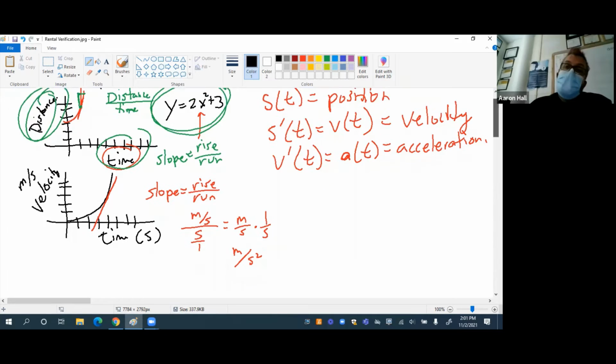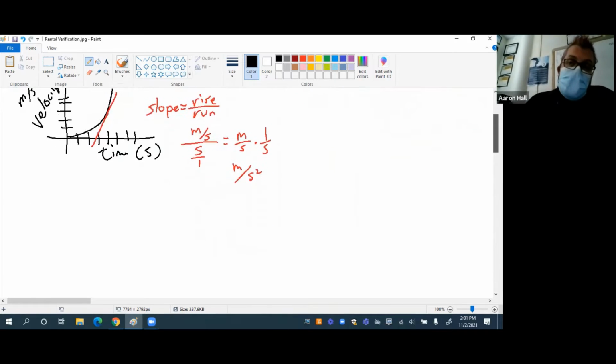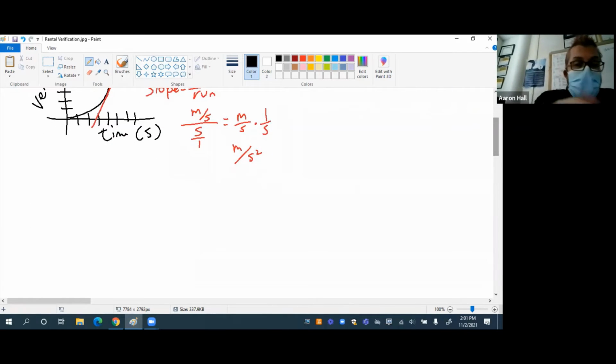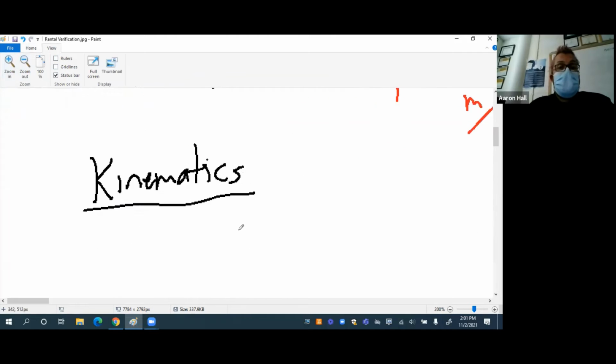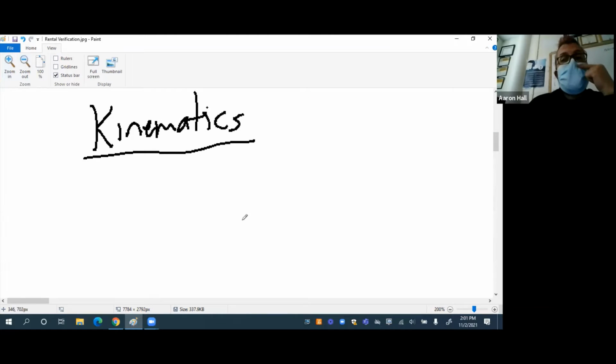All right. We're going to be talking today about a branch of physics called kinematics. Has anybody heard of kinematics before? Nobody? All right, think of kinematics as the physics of a particle that moves in one-dimensional space.